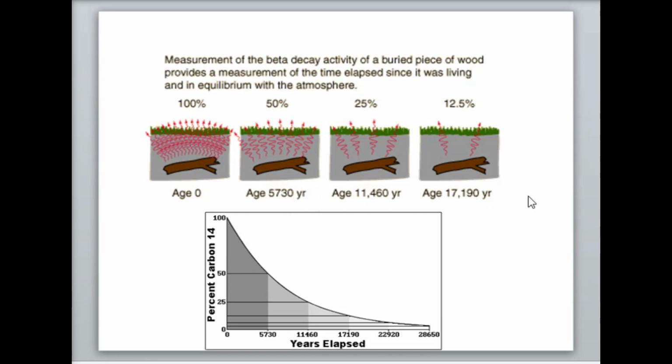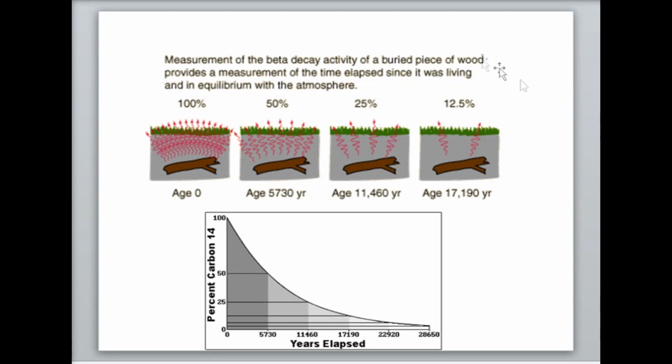Say, for example, you started off with 10 grams of carbon-14 in a particular sample. After 5,730 years, you will be left with 5 grams, literally half the amount.